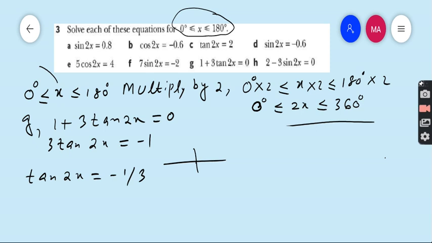And you know tan is negative in the second and fourth quadrants. So first we find 2x equals tan inverse of minus 1 upon 3, with the help of your calculator. The answer is minus 18.43.